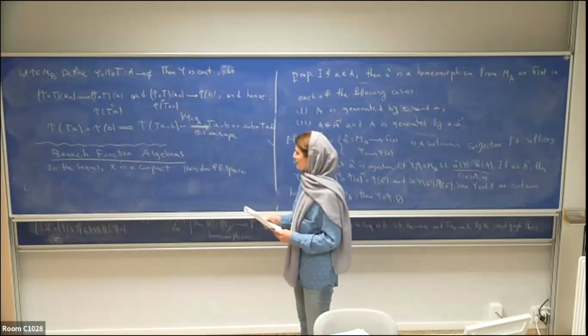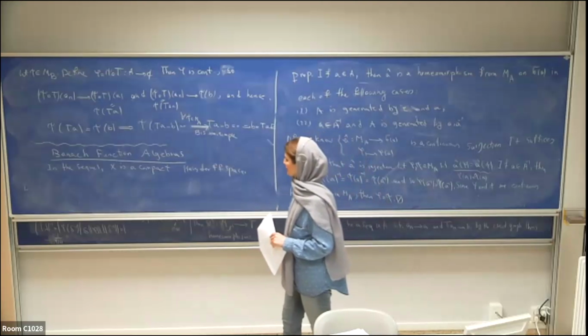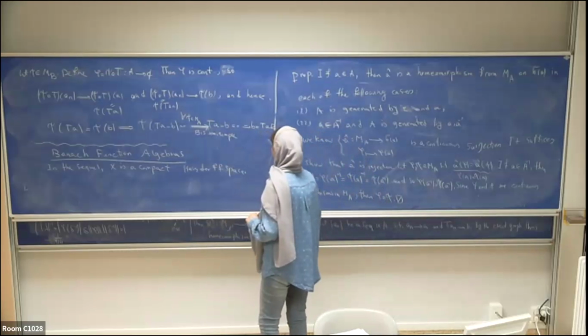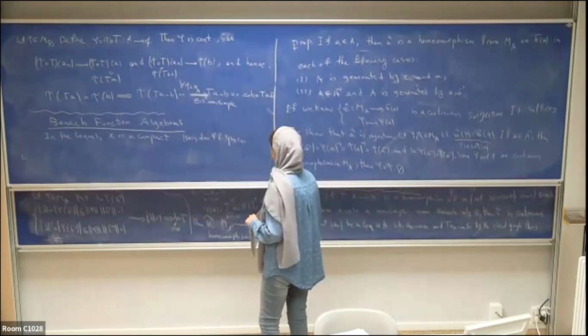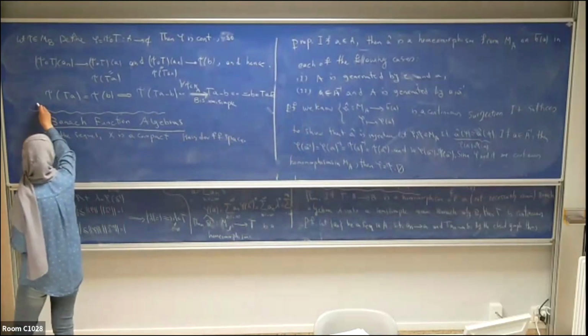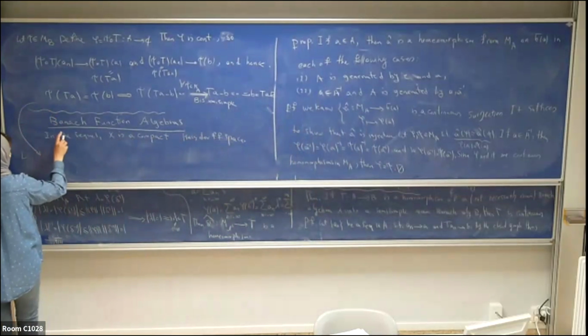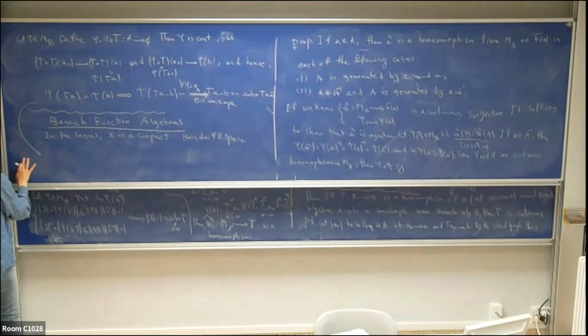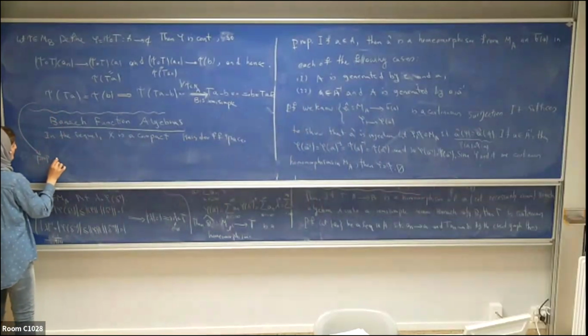But before saying Banach algebras, I just want to mention something about the Gelfand transform, because I want to use it here, of course, just as a remark or small proposition. Just before Banach function algebras, please add this part.